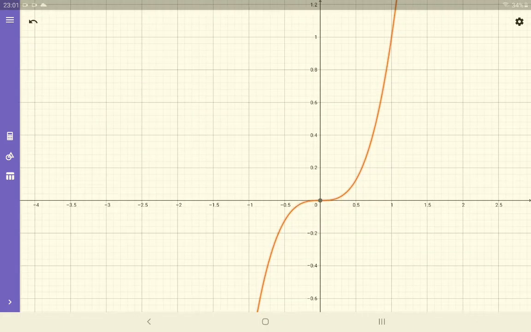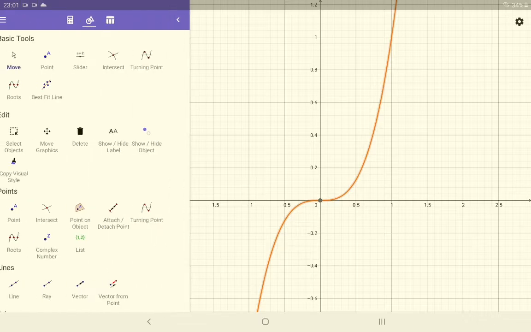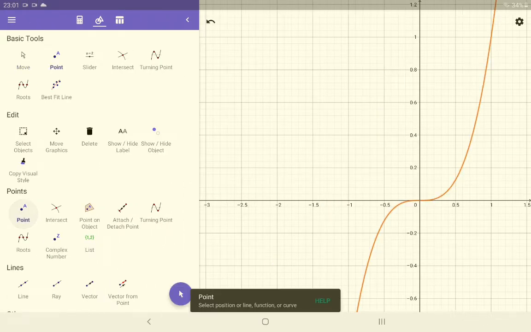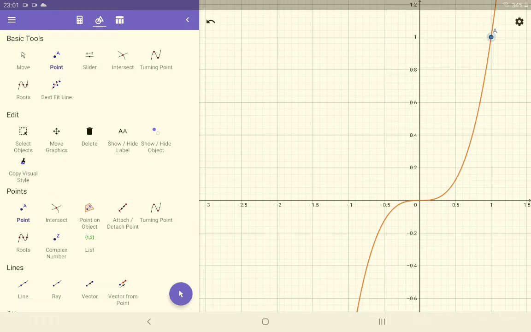See, if I have 1, then where is 1 here? This is my point. 1 cube is 1.